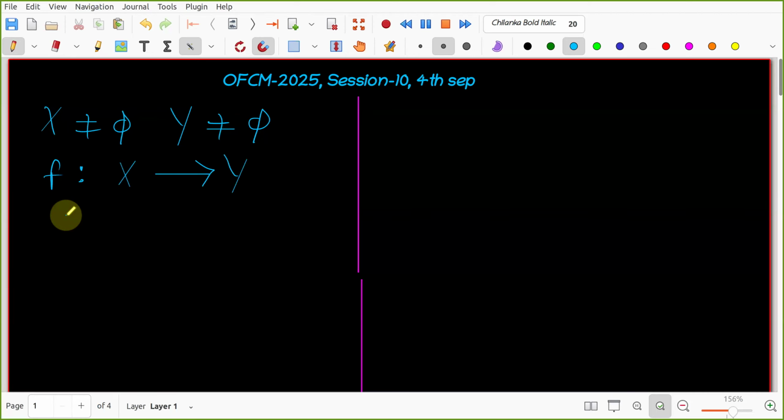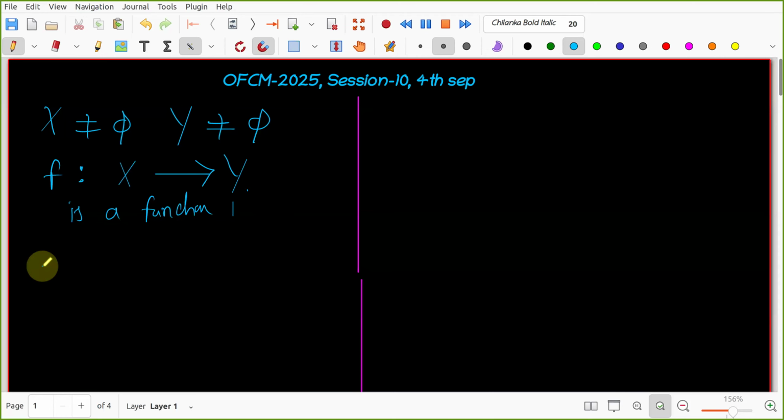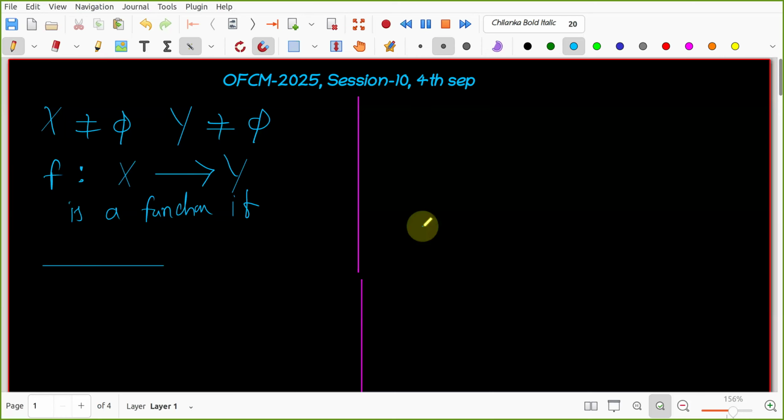F from X to Y is a function if... somebody can fill up. Can you tick yes? F from X to Y is a function if. Be quick.